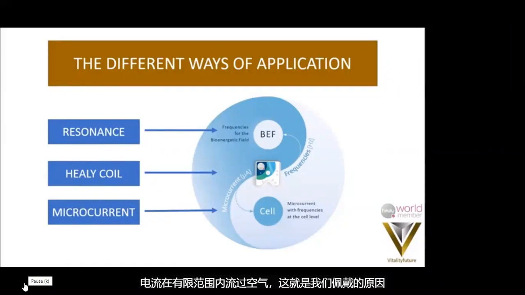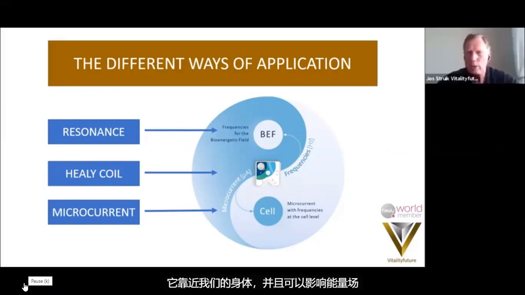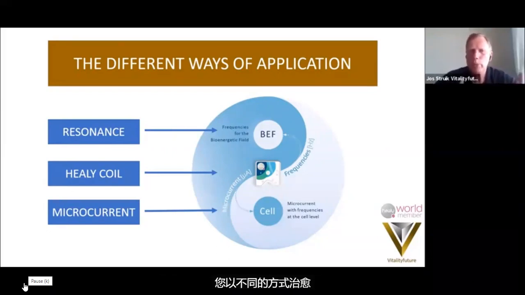That's why we wear it close to our body, and it can influence the energy field that is in our body. It can influence the cells connected with those energy fields. And you can see it as a way of using your healing in a different way.